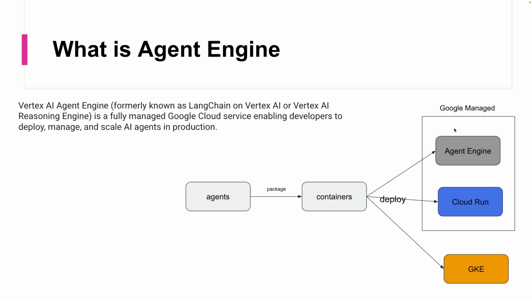It's up to you, but Google recommends using the Agent Engine because this is a pretty easy and straightforward way. And behind the scenes, Google takes care of a lot of things like the infrastructure, the session IDs, memories, and a lot of other components which are very essential in serving the agent response.